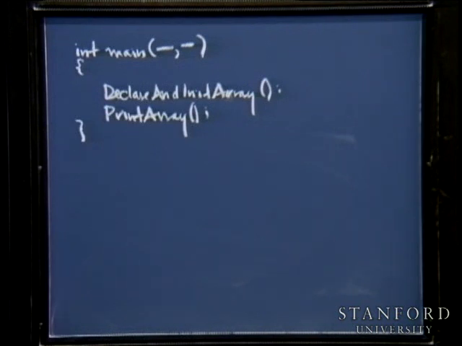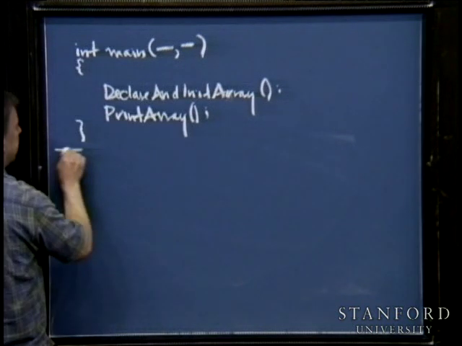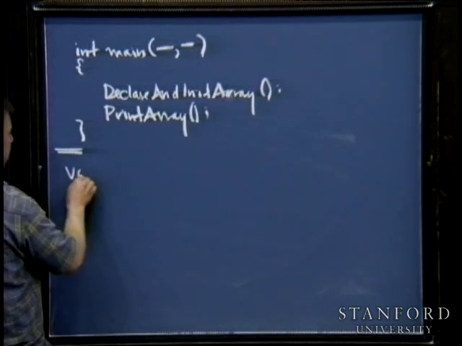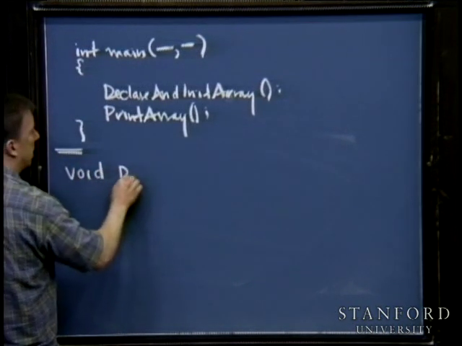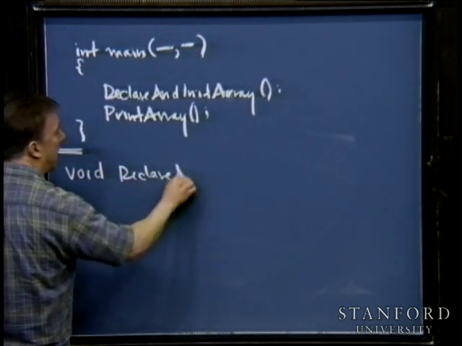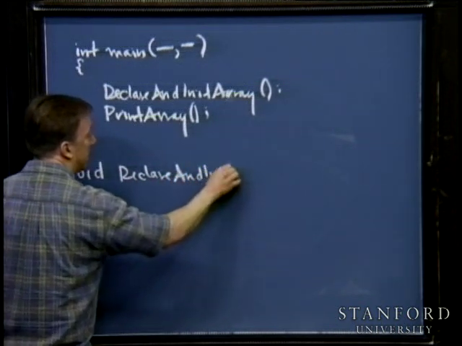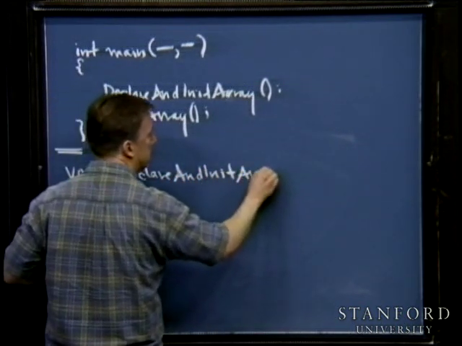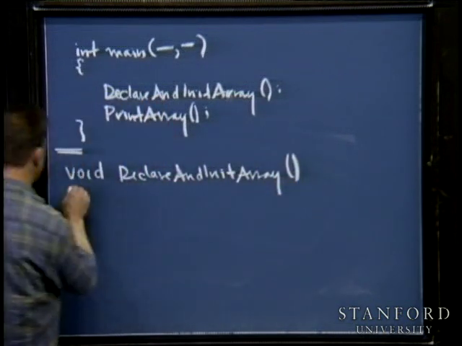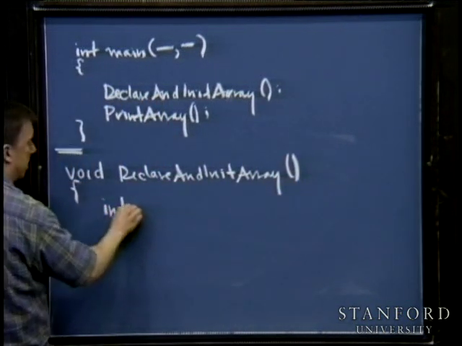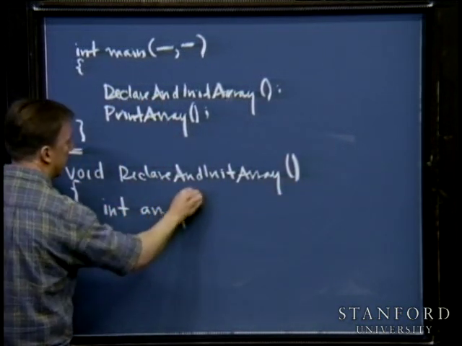But suppose there's no globals either. The programmer doesn't think they need globals because they do this: void declare and init array, and they just declare an array of length 100.